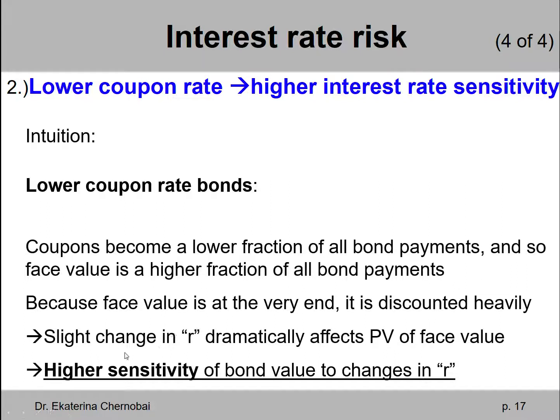And so since it's a huge fraction of all bond payments between now and maturity, any slight change in the interest rate dramatically affects the present value of the face value, which in turn plays a huge role in determining the bond value, right? And so a bond with a lower coupon rate will fluctuate in its value a lot more when interest rate changes. So we observe a higher sensitivity of bond value to changes in the interest rate.